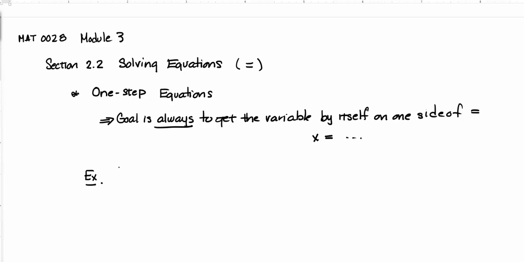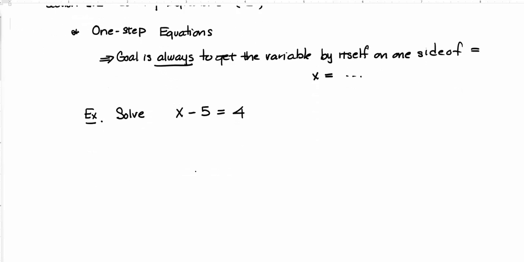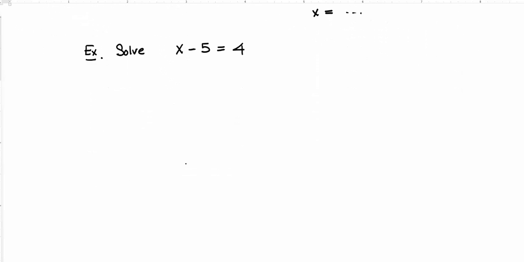So let's take an example. Solve this equation: x minus 5 equals 4. Many of you can probably do this in your heads, but there's a very systematic way of doing it. My goal is to get this variable by itself. Here's my x, so I want that x by itself. The problem is I'm subtracting 5 with it.